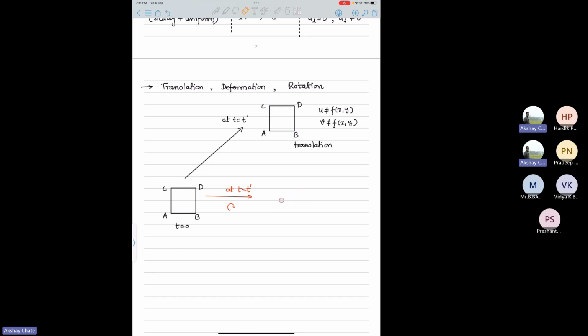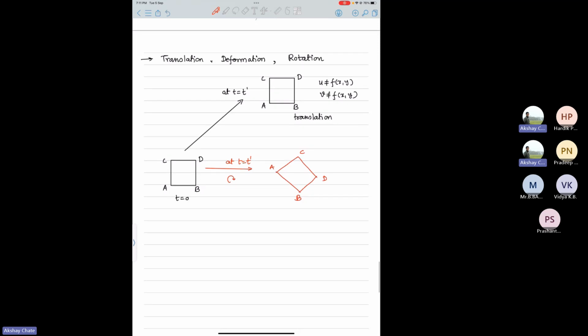Your A point will maybe get shifted here, C will be here, D will be here, B. Please excuse my drawing skills here, but in pure rotation, there will not be any deformation in the shape.